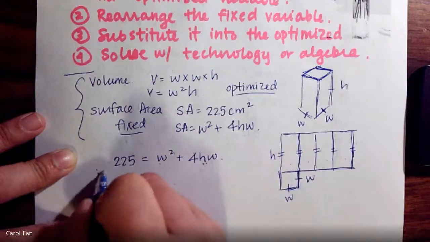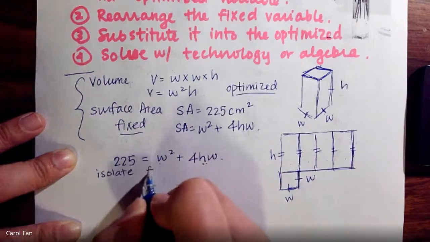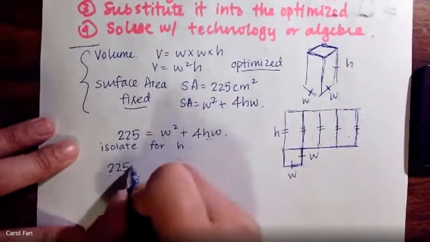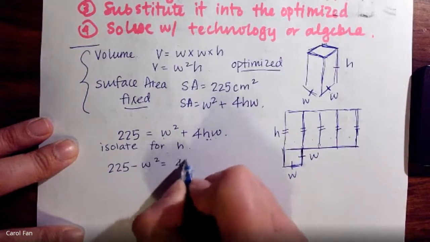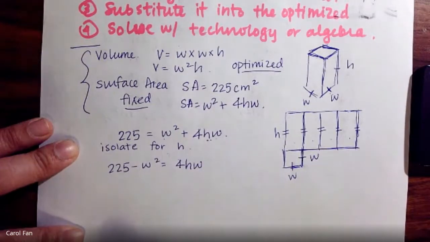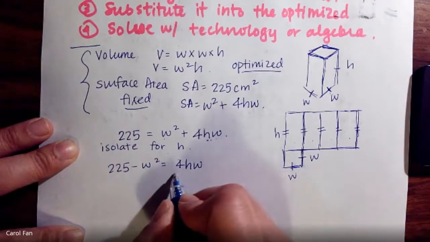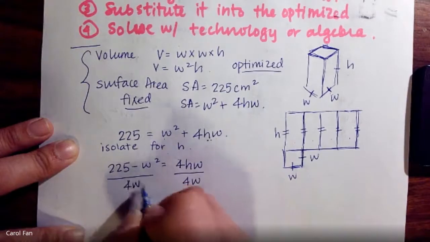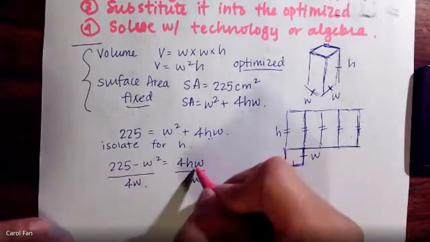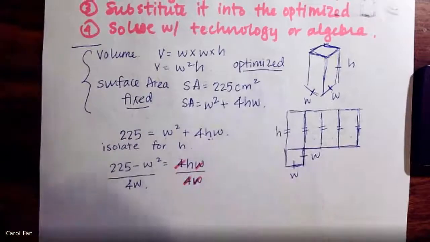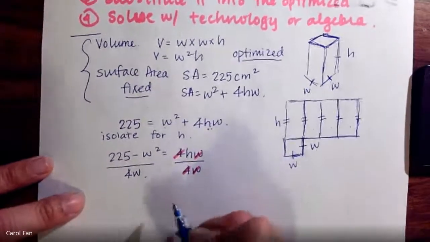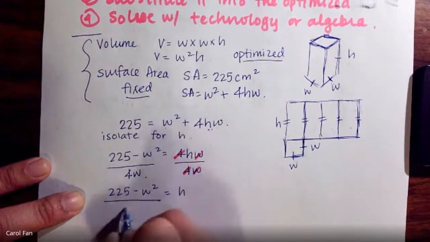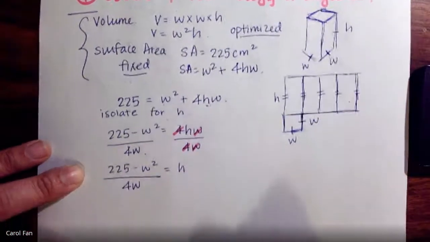Let's isolate for H. So I have 225 minus W squared is equal to 4HW. Let's divide both sides now by 4W because this way I have H on its own. These divide out, that divides out as well. So H is equal to 225 minus W squared over 4W.